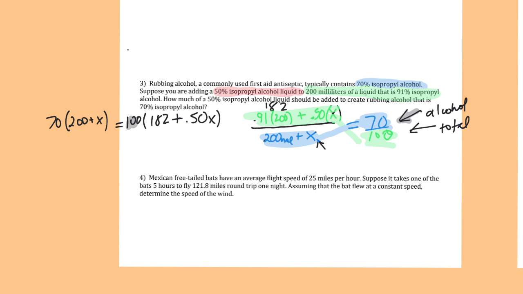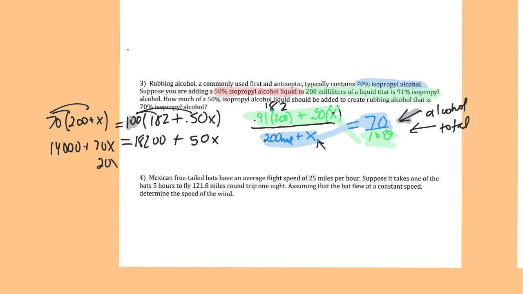So if we cross multiply and we solve this, we are going to get 18200 plus 0.5, so it'd be 50x is equal to... And if we go to solve this, we're going to subtract the x's to get to the same side.